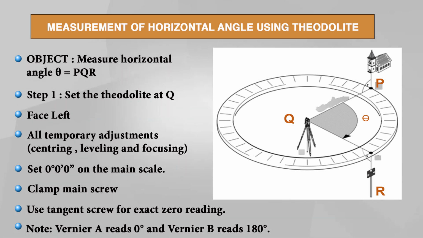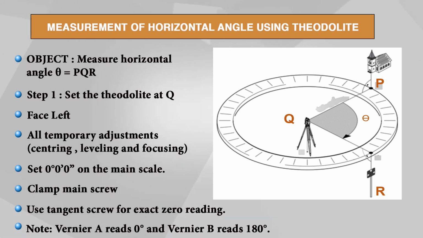Remember, we have to take readings from face left and face right. Face left, in a sense, means the vertical circle is to the left of the line of sight, or to the left of the observer, or to the left of the telescope.